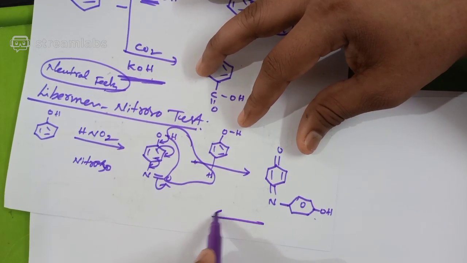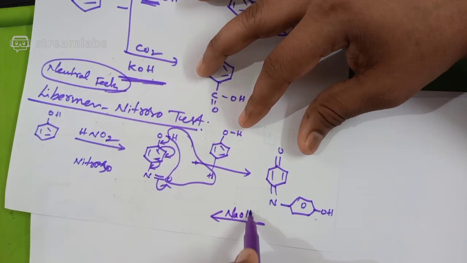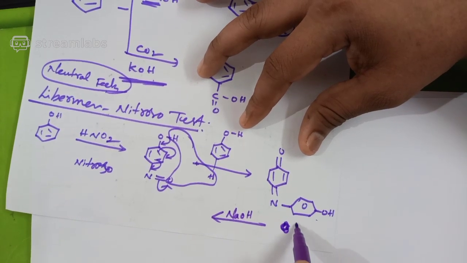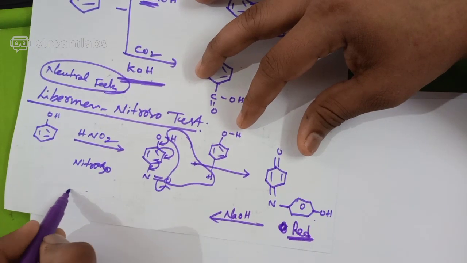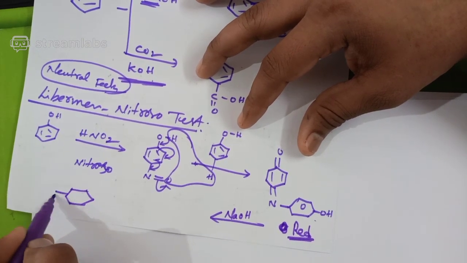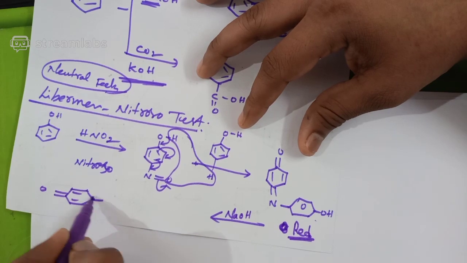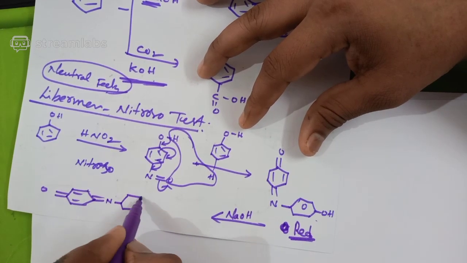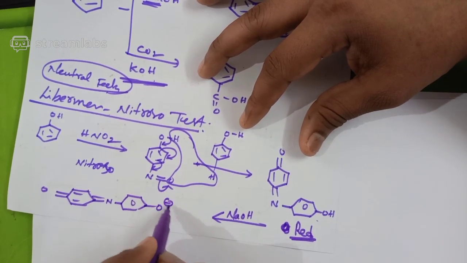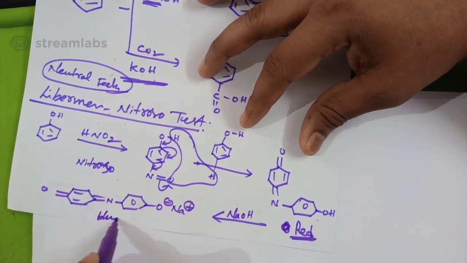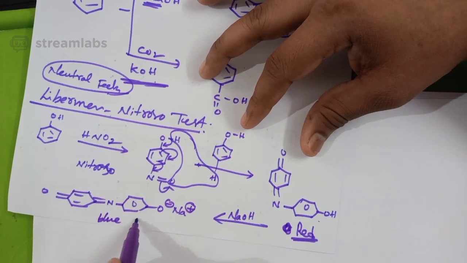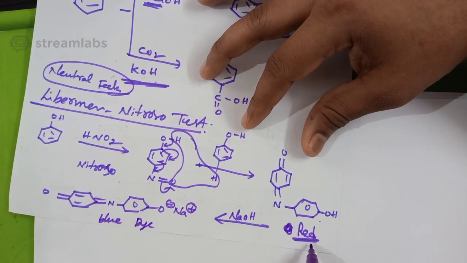And by using sodium hydroxide, actually this color is a red colored complex. Whenever you use sodium hydroxide, it forms like this. It's a dye. Okay, red becomes blue color dye. This is a red color dye.